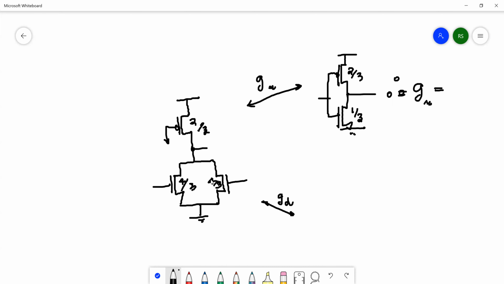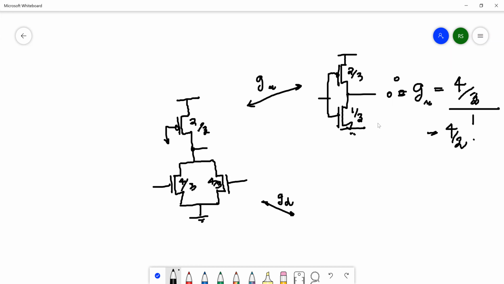In this particular gate the input is only given to the NMOS transistor. Don't add NMOS and PMOS. PMOS is permanently connected to ground. It doesn't come into the picture at all. GU is just 4 divided by 3 divided by 2 by 3 plus 1 is 3 by 3 or just 1. So this is equal to 4 by 3.